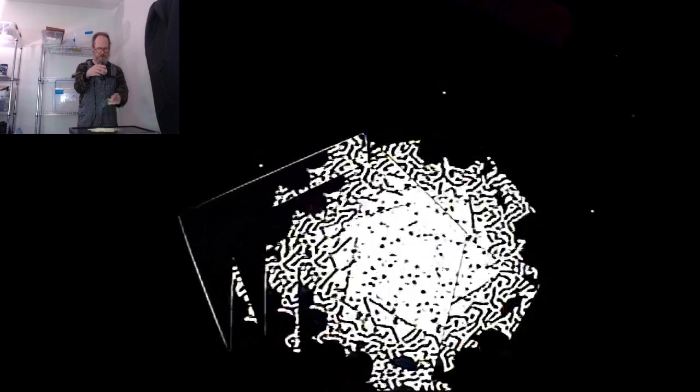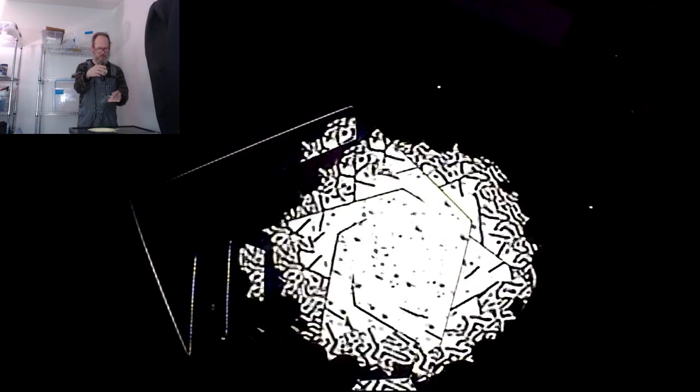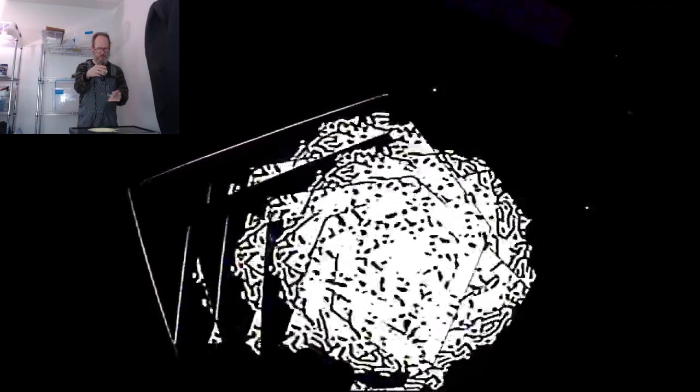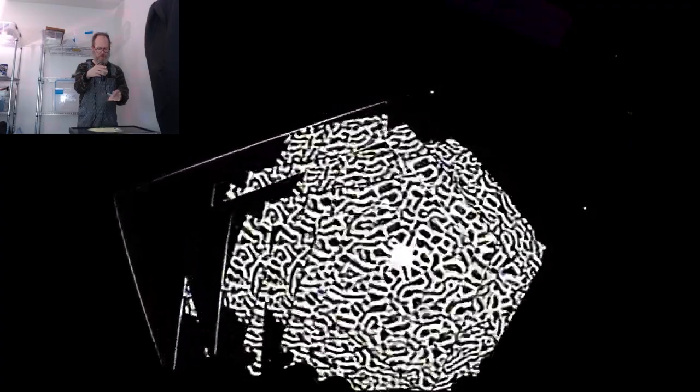And then start to bring the angle out like that. And move this up a bit. So that's what you can do with this beveled glass stuff.